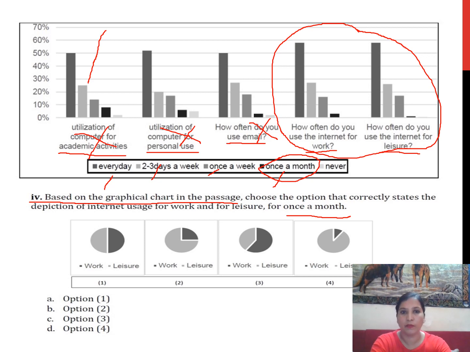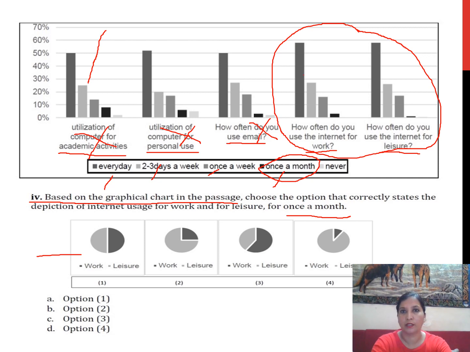Now when we see the options, okay, the first option is depicting the equal amount that is spent on work as well as leisure. But when we see the graph, it is not showing that there is equal amount of work and for leisure, because we have to focus our attention on the fourth shade, because the fourth shade is about once a month.